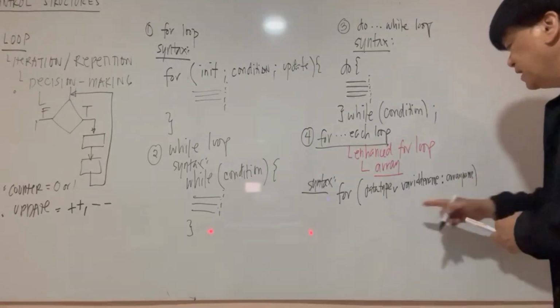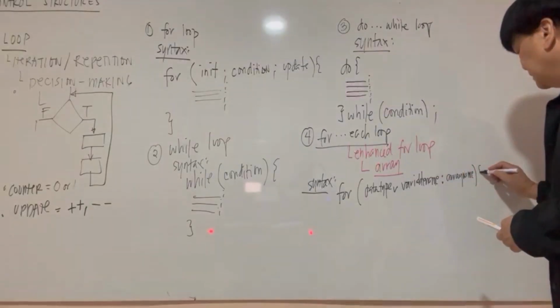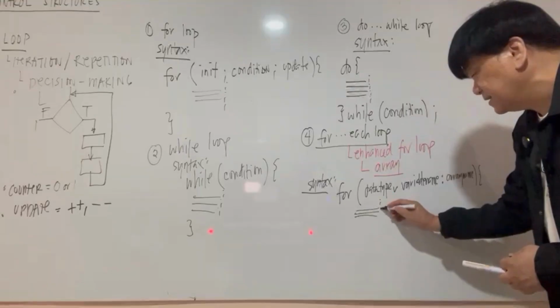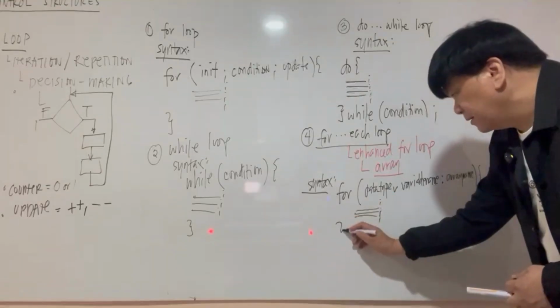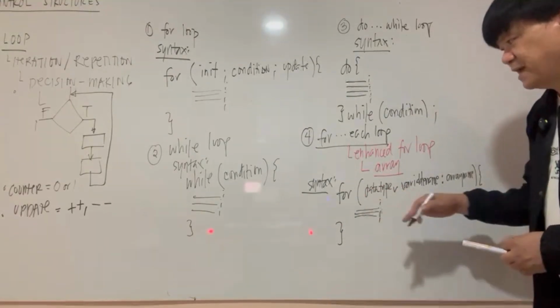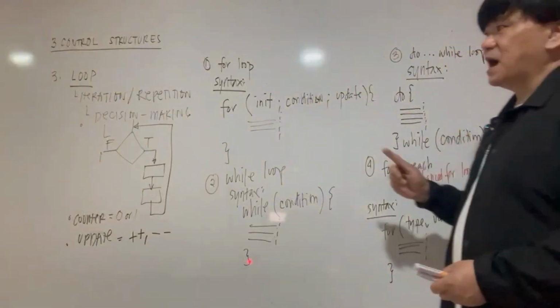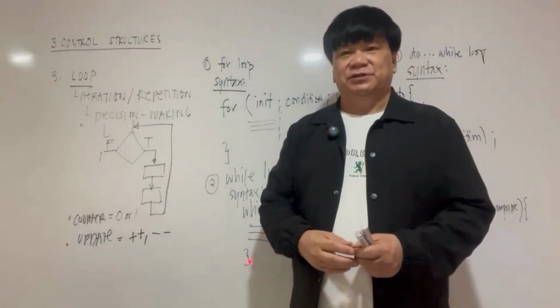So meaning for each element in the array, and then begin whatever instructions inside the curly braces will be executed. And these are the programming statements under the loop control structure.